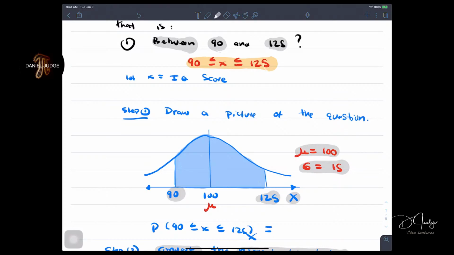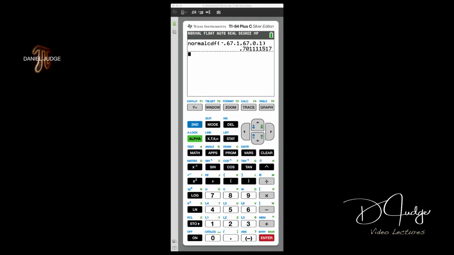It gets even better. So if I go to the TI, and I'm going to use the same concept. Go to distributions, go to the normal cumulative density function. There we go. The lower value here, we could have done this from the beginning, 90 down to, that's the lower value, up to 125.